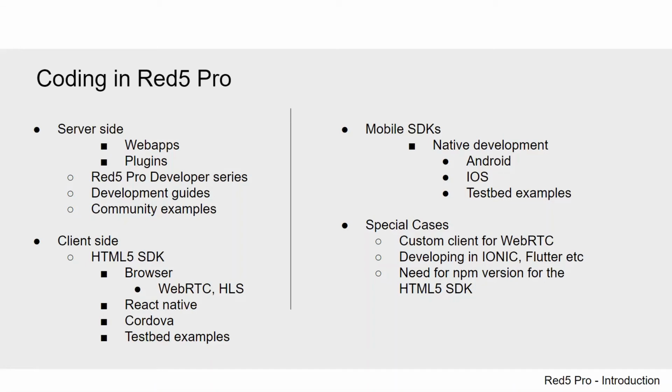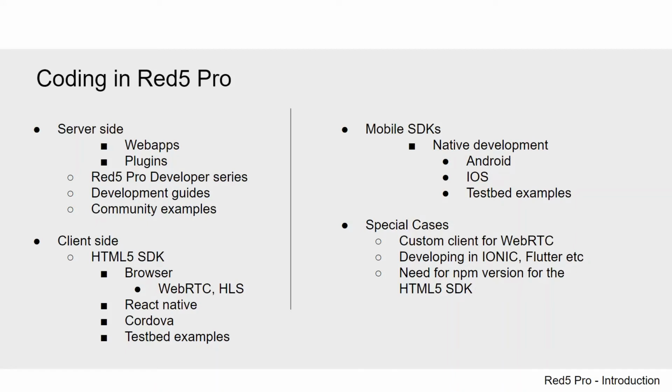For both, there are separate repositories that have testbed examples similar to the HTML5 SDK. So you can look it up on Google or on GitHub. For Android, it's normally Red5 Pro Android streaming, and for iOS, it's normally Red5 Pro iOS streaming.